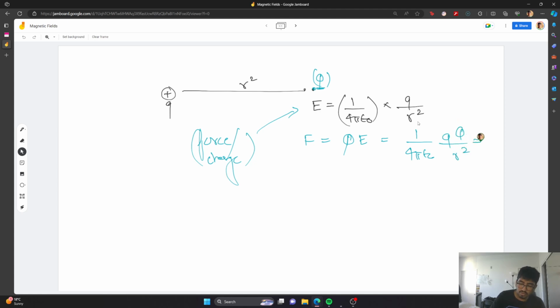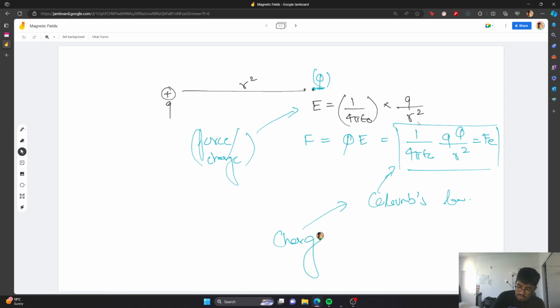So this is what we saw was the electric force, or the force due to the electrostatic charges. We discussed all of this. So this is what we called Coulomb's law, right? Coulomb's law was due to charges attracting or repelling each other.